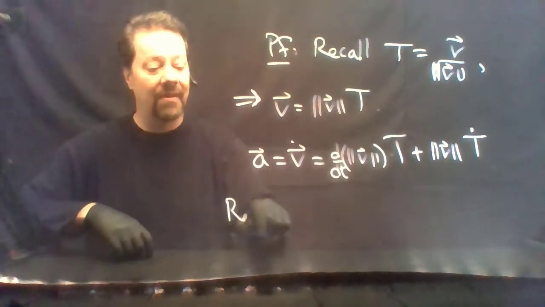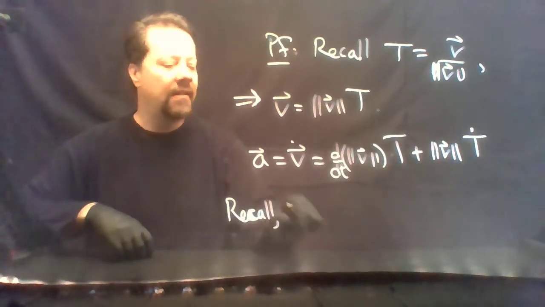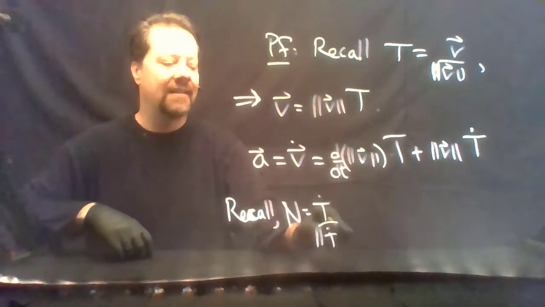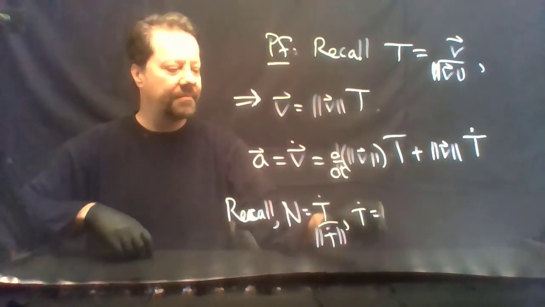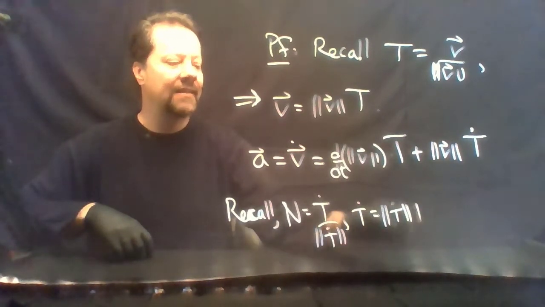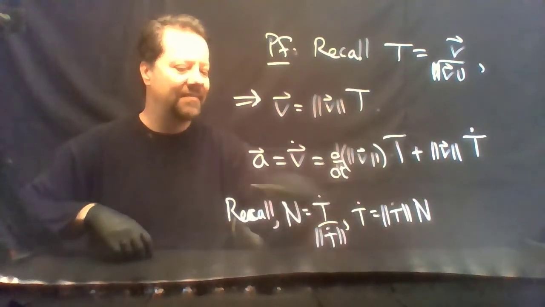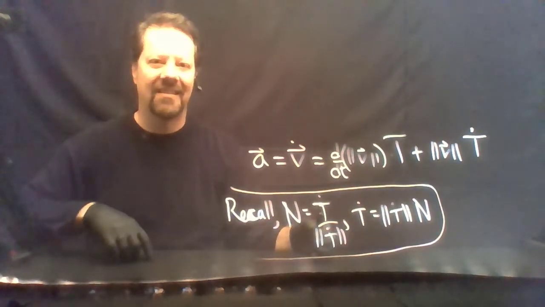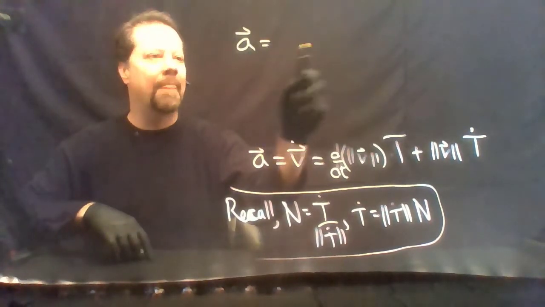Now also recall that n is t dot over the norm of t dot by definition, which means that t dot is the norm of t dot times n. We have then the following representation of the acceleration vector.